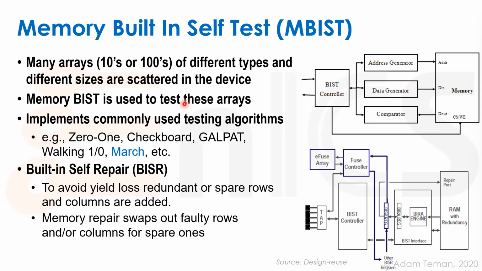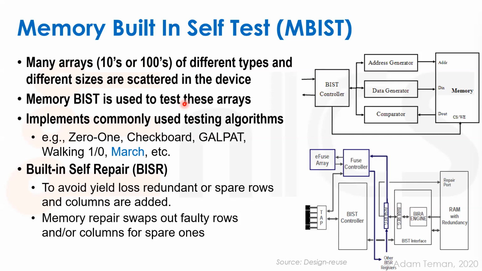Exactly. There's also something called built-in self-repair, which Udi mentioned before. In memories, because they are prone to failures because there are so many of them on the chip, you want to make sure that they work 100%. So one of the things to do is you can, in a not too expensive way, add redundancy to the memory.